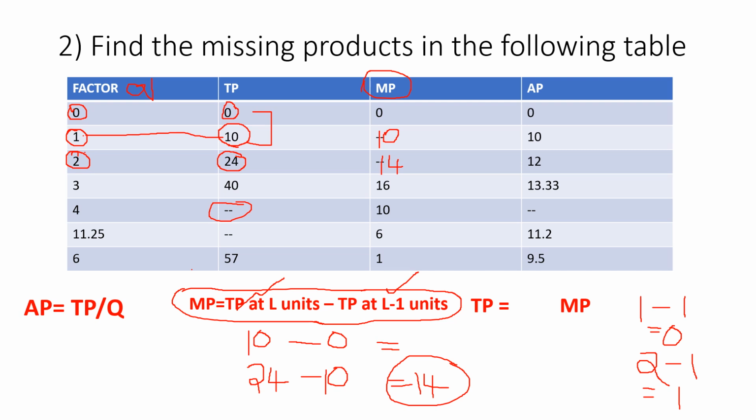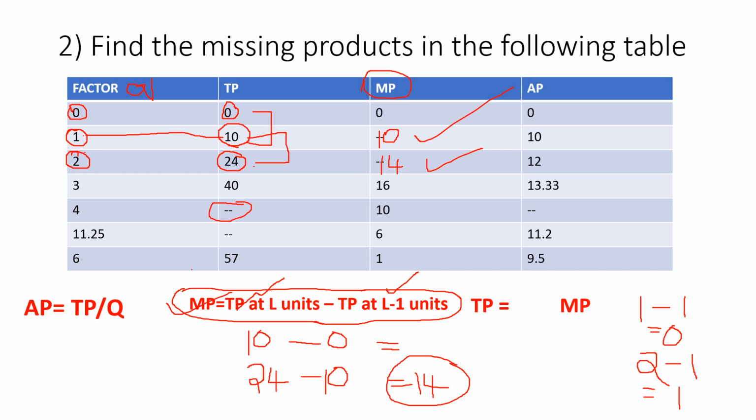So how much? 10. Next, look at the next value, 24 minus the previous column's TP. 24 minus 10, 14. This is for those who do not want to understand the formula but directly want to arrive at the answer. Very easy. Alright. For those who want to understand why this formula is given, I have given you the detailed explanation. So here we got 2 marks. 10 and 14. These two values are correct. So the marginal product part is finished.